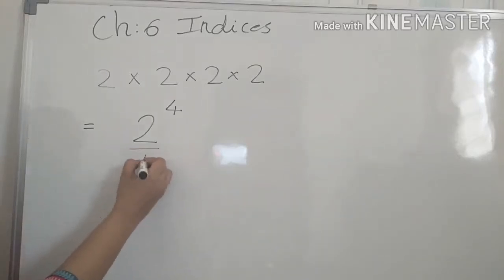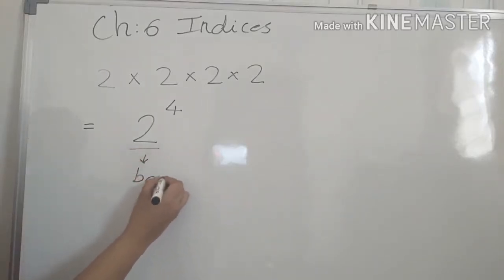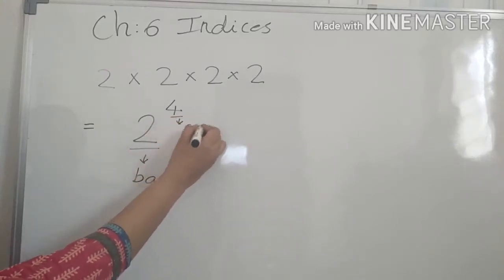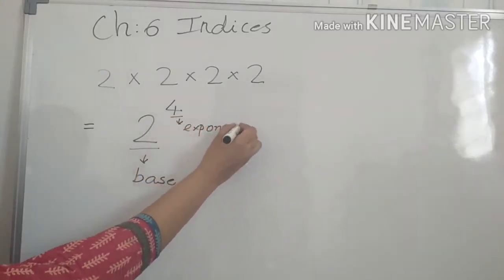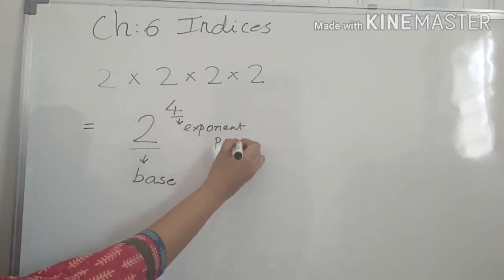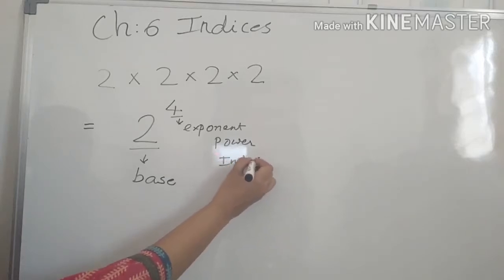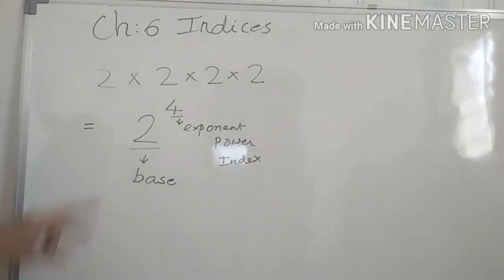Now this 2 is called the base and this 4 is called the exponent, or power, or index. These are the words for the same number 4.